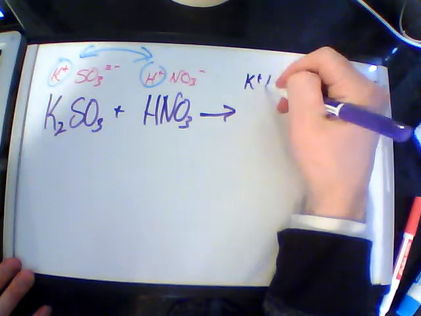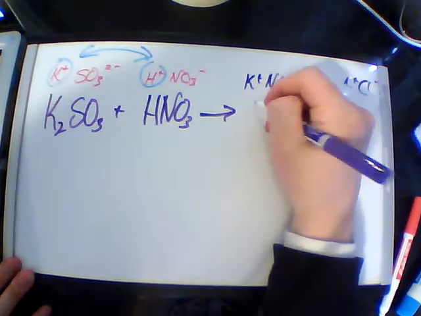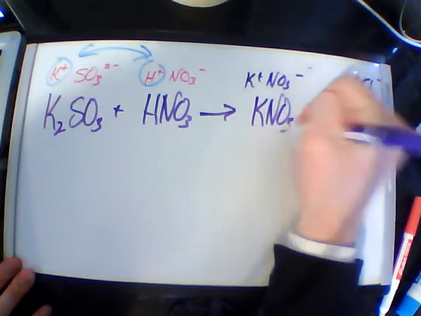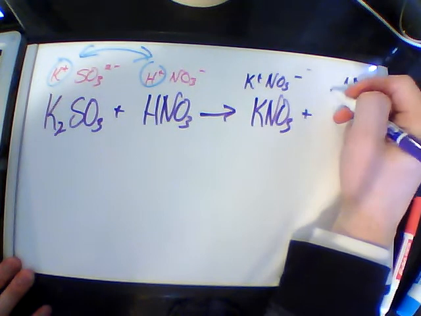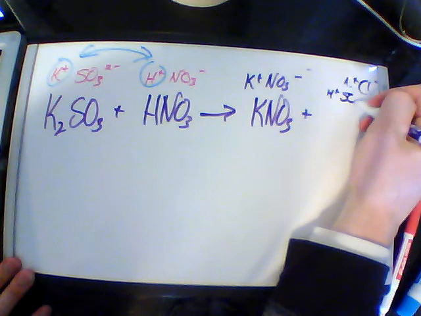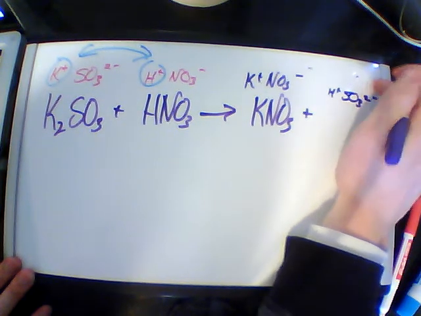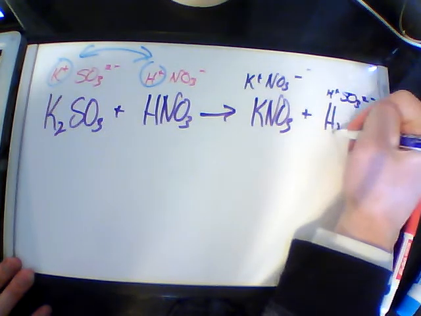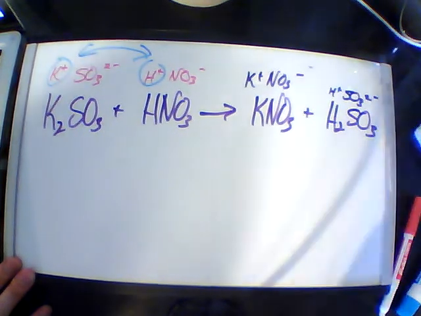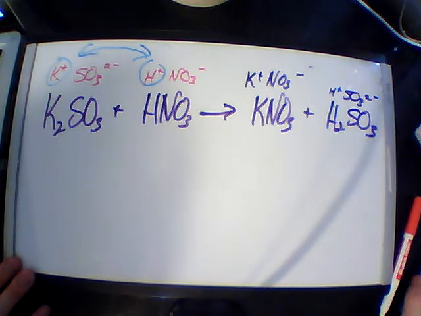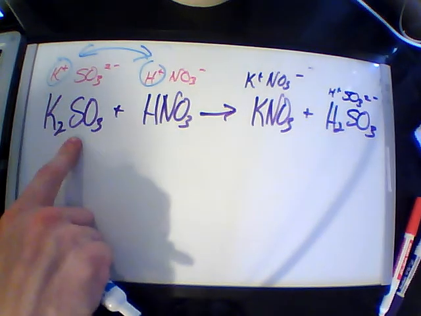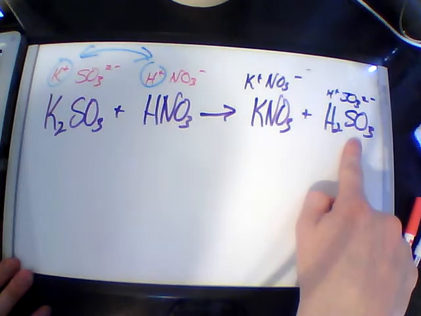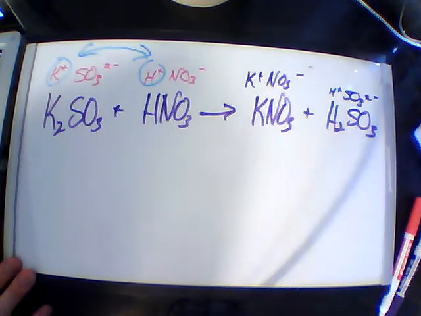So the K ends up bonded to the NO3-, giving us KNO3. And the H+ ends up bonded to the SO3 2-, which means I need 2 H's to balance out my 1 SO3. And then this needs some balancing. 1 SO3 here, 1 SO3 here, 1 NO3 here, 1 NO3 here.